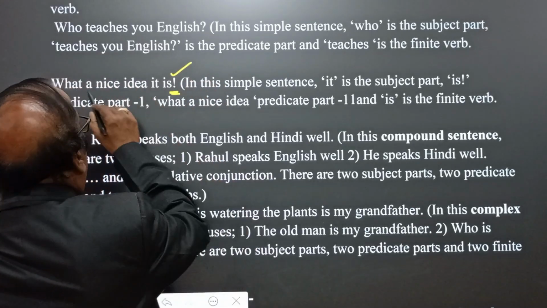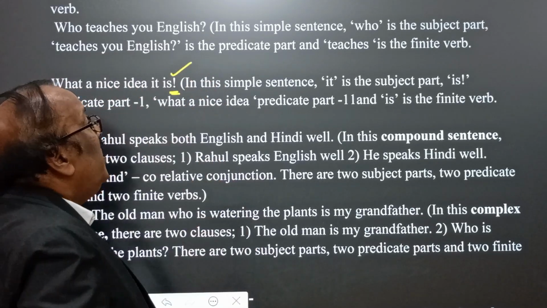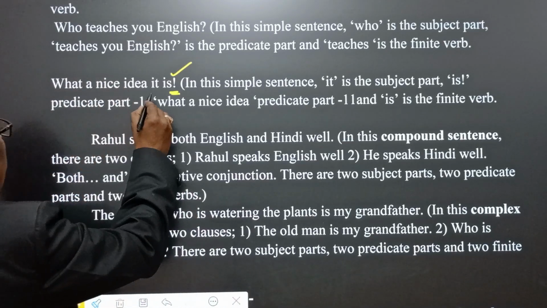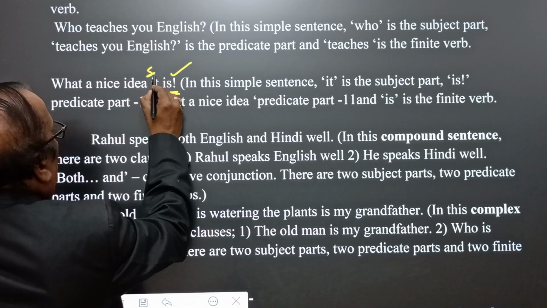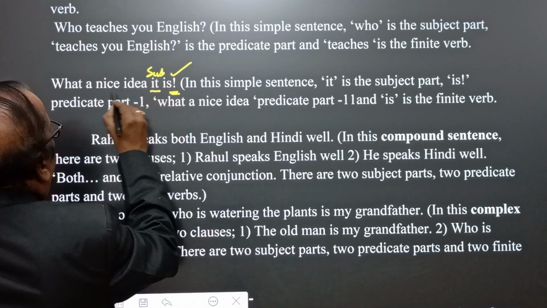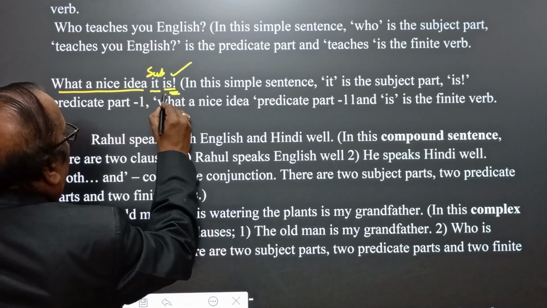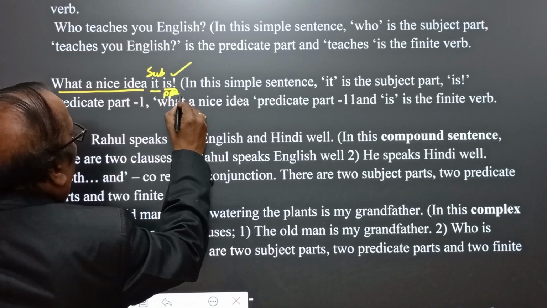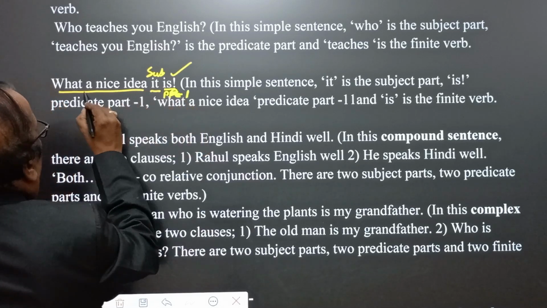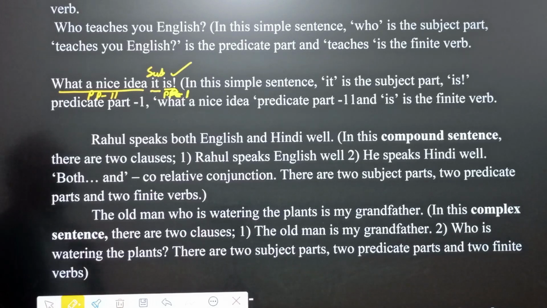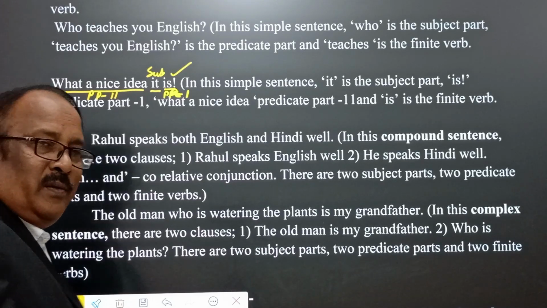In this simple sentence, it is the subject part, is is the predicate part 1, and what a nice idea is the predicate part 2.